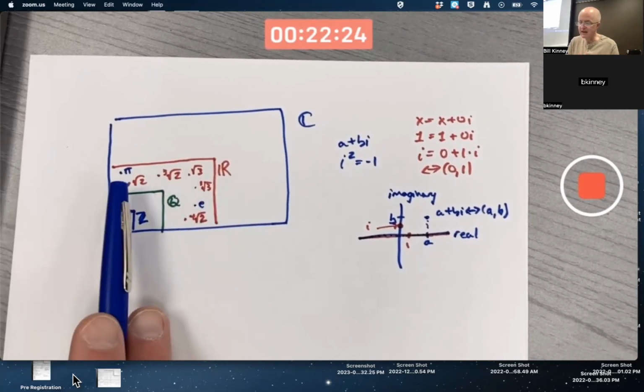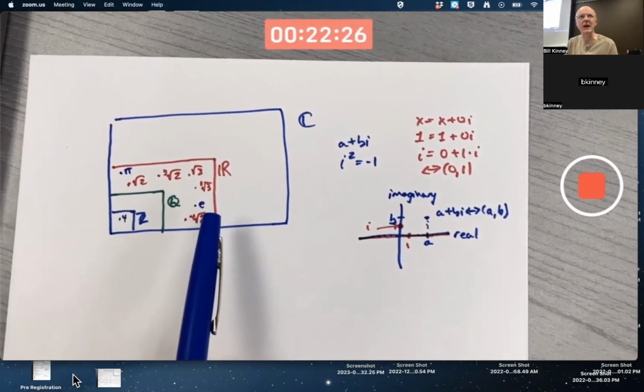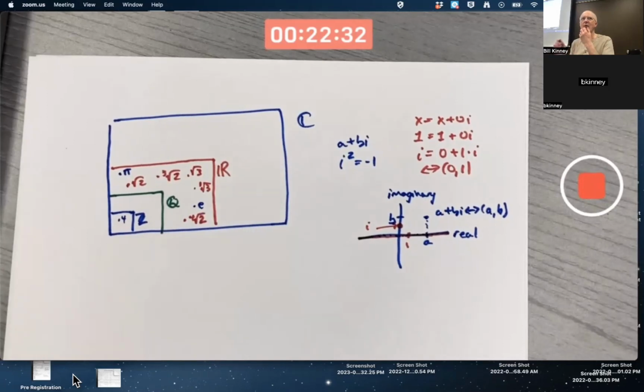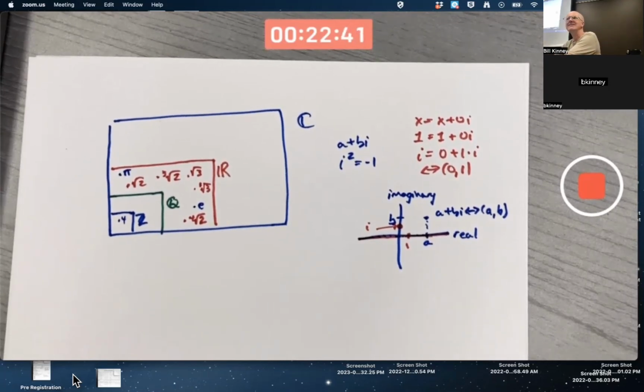But it turns out numbers like pi and e are not algebraic. They're transcendental. And even though we're far more used to algebraic numbers, the transcendental numbers are weird. There are actually countably many algebraic numbers and uncountably many transcendental numbers.